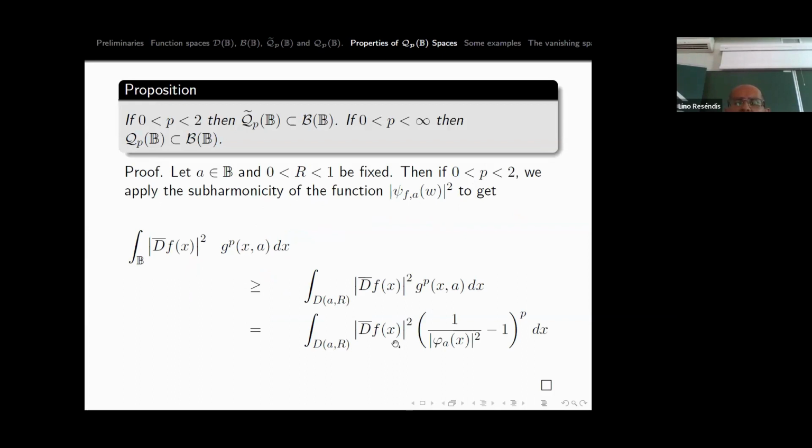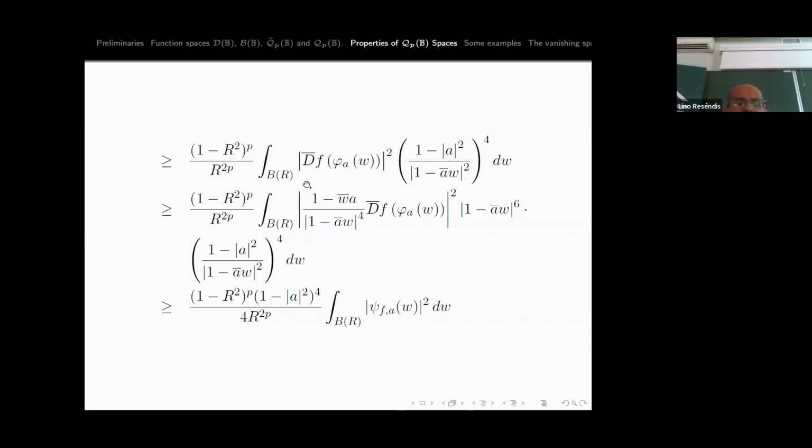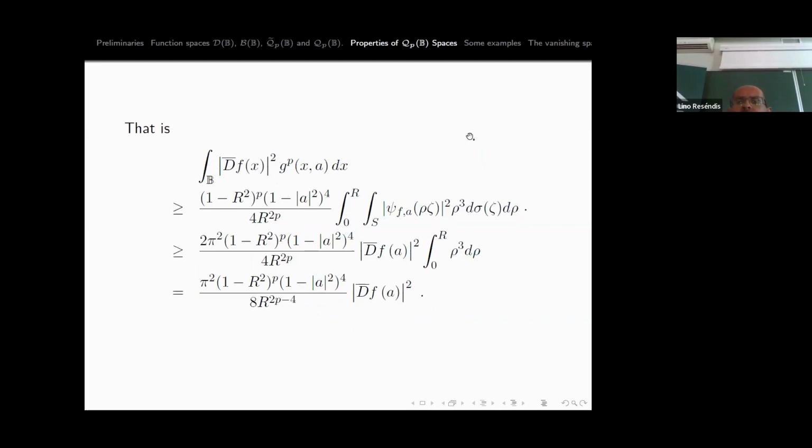Okay, we use a change of variable here using the Möbius transformation phi sub a, and by this reason now we integrate over this ball. Okay, here are some estimations making this change of variable. Here appears the Jacobian.